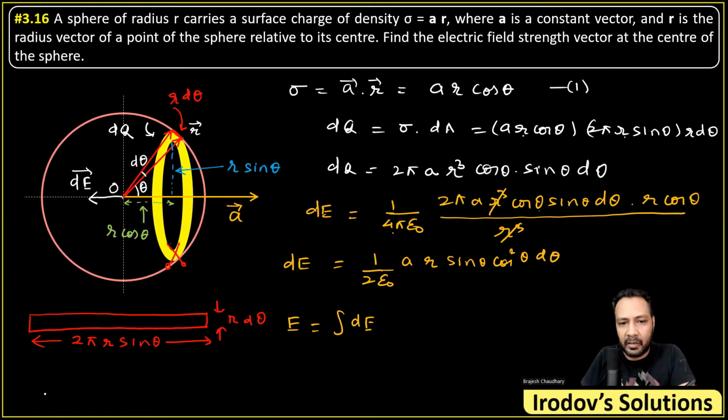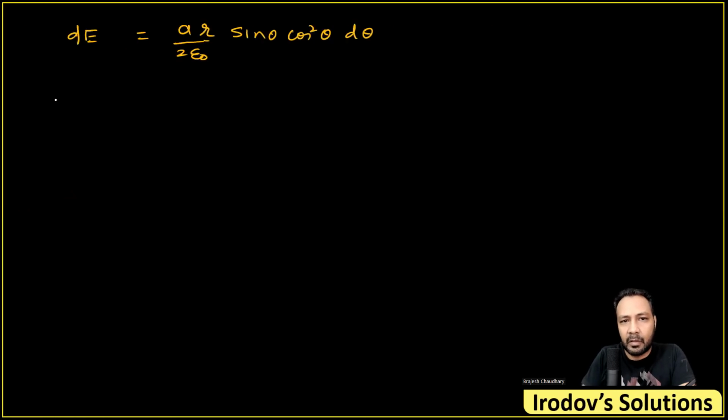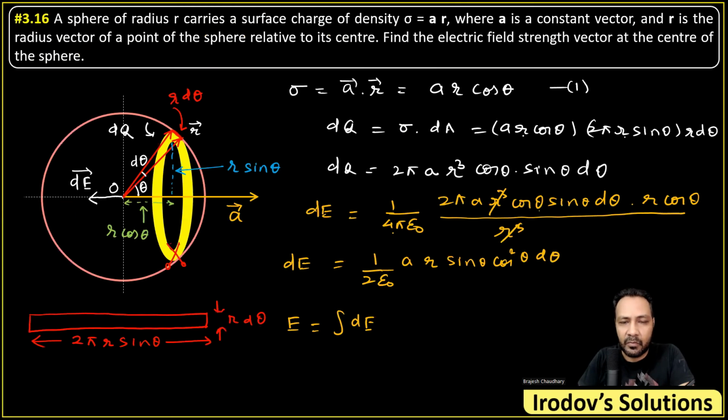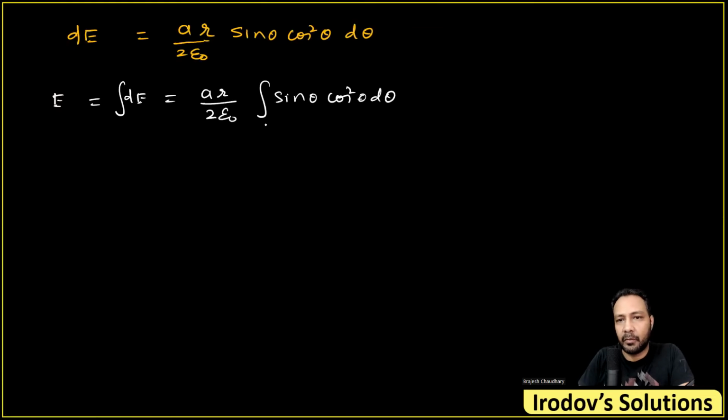So the net electric field E will be the integration of dE, which is a r by 2 epsilon naught integral of sine theta cos square theta d theta, and the limit will go from 0 to pi, which covers the whole of the sphere.